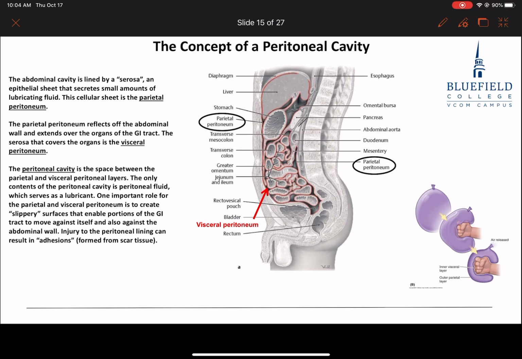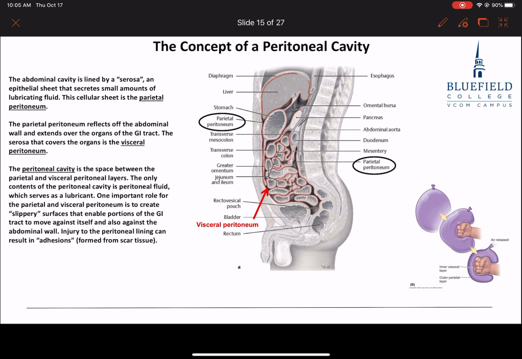The part of that serosal membrane that's attached to the lung is visceral pleura, and then it reflects off the lung to be continuous with the parietal pleura, which is attached to the thoracic wall. The same type of thing happens with the intestine, except that instead of being just a thing like a lung, it's got all these coils.